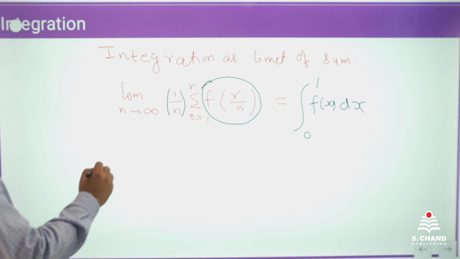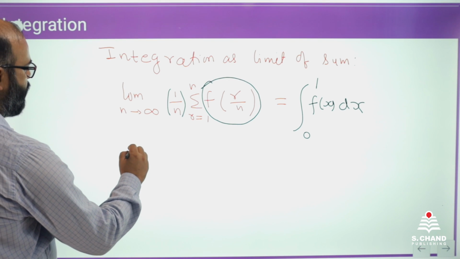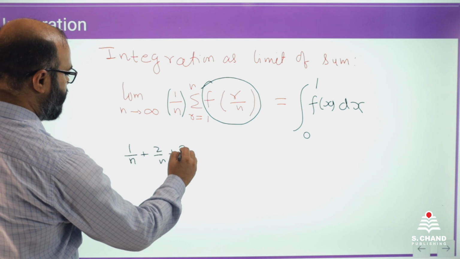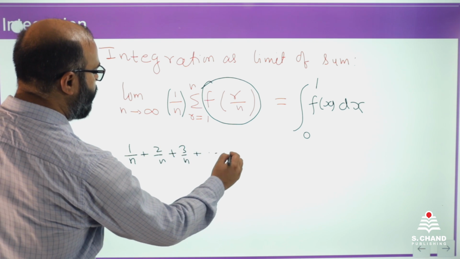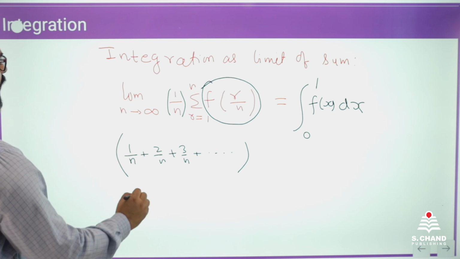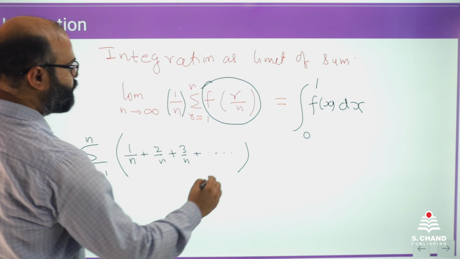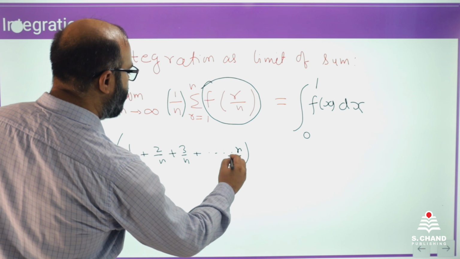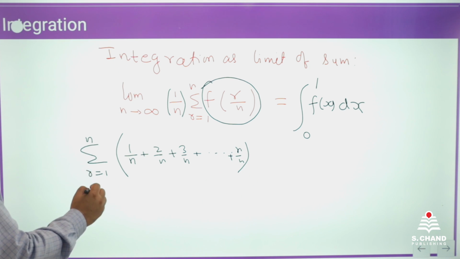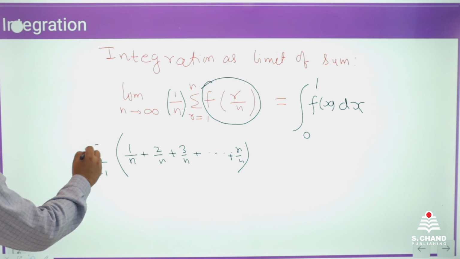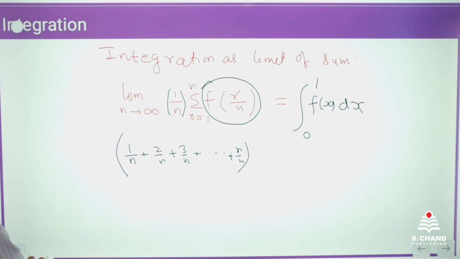For example, you have an equation 1 by n plus 2 by n plus 3 by n, and so on till n by n last. So this can be written with r equal to 1 to n. I am writing each of these terms using sigma and r by n.